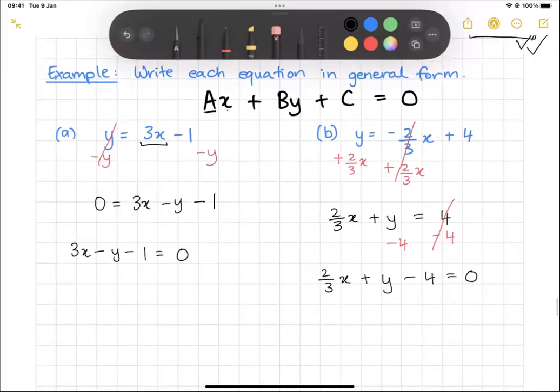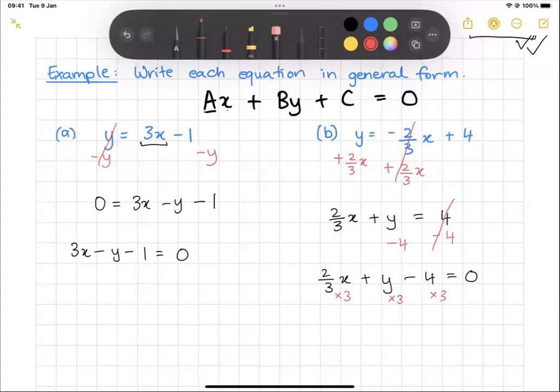I see a fraction. So what I'm going to do now is get rid of this denominator of 3. 2 over 3, that over sign here means divide. What's the opposite of divide? The opposite of divide is multiplication. So I'm going to multiply 3 on each term in this equation.